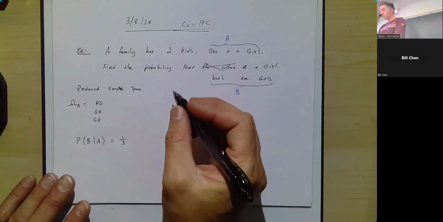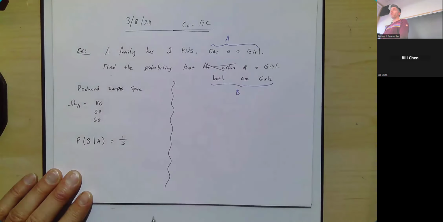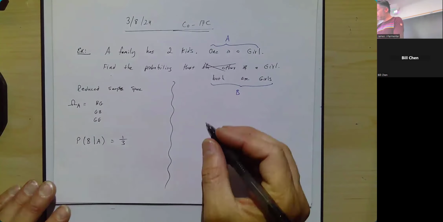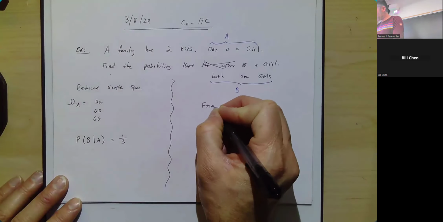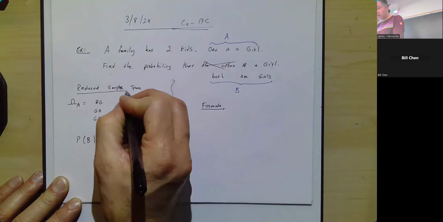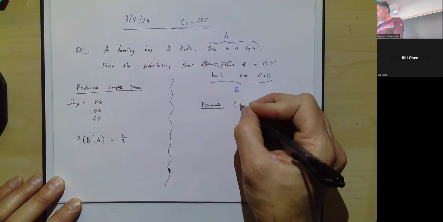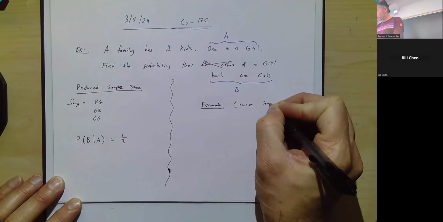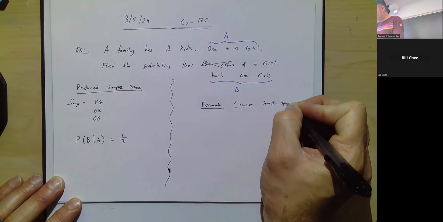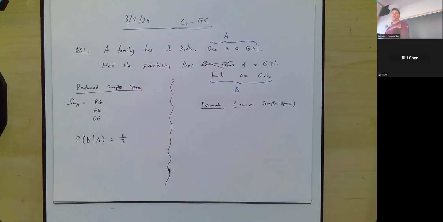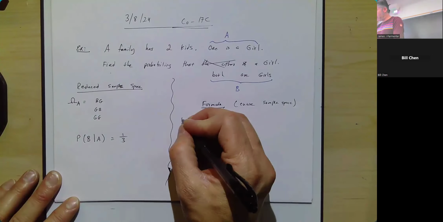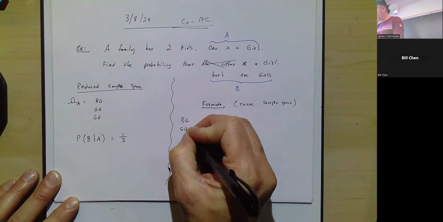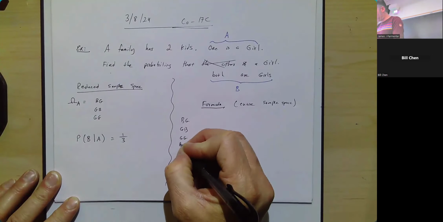Or you can do it more formulaically, where we use the entire sample space, essentially. In this case, it's not that much more work because there's just one thing that was missing. We have boy girl, girl boy, girl girl, boy boy.